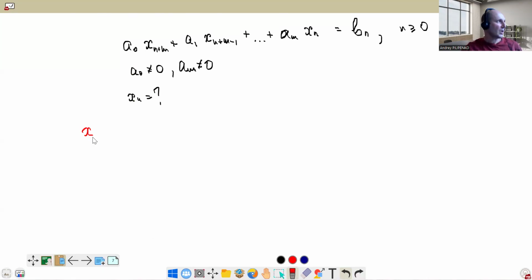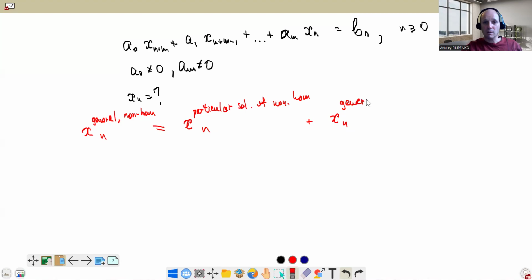Probably you know from the theory of ordinary differential equations or of partial differential equations that the general solution of a non-homogeneous equation is equal to a particular solution of the non-homogeneous equation plus the general solution of the homogeneous equation. And we know the formula for this.